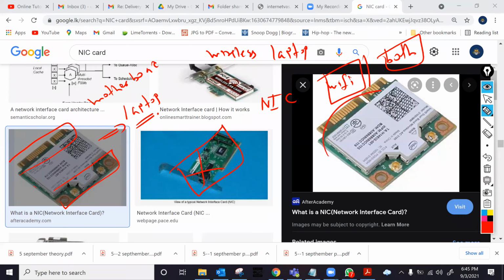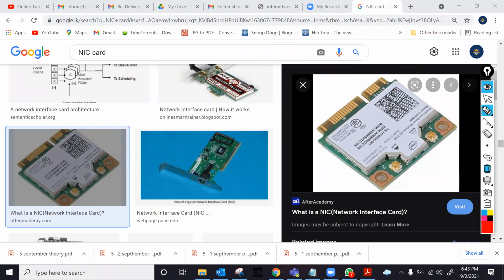We only see the wireless chip, because modern laptops come only with the wireless chip, right?